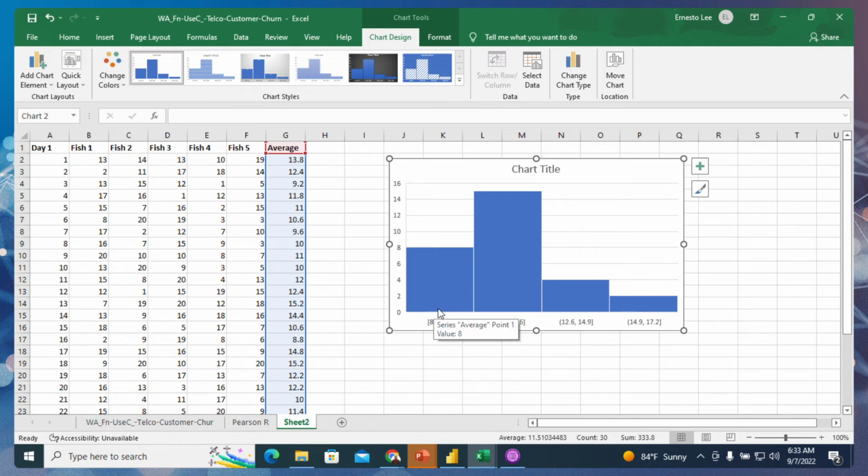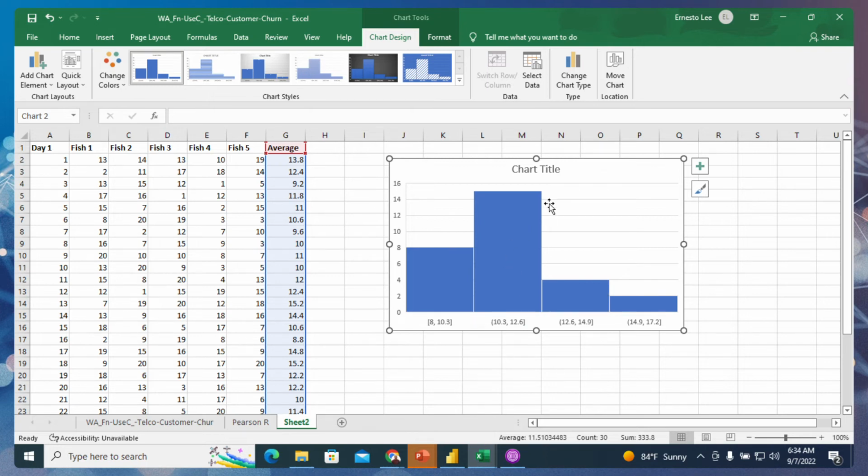So for 8 days, the average fish were between 8 and 10.3 inches. For 15 days, the average length of a fish was between 10.3 and 12.6 inches, etc., etc. But notice that it's starting to collapse towards a mean.